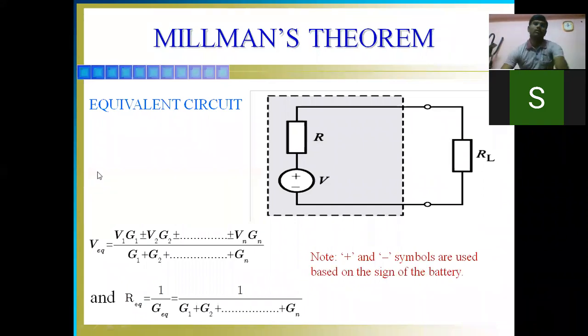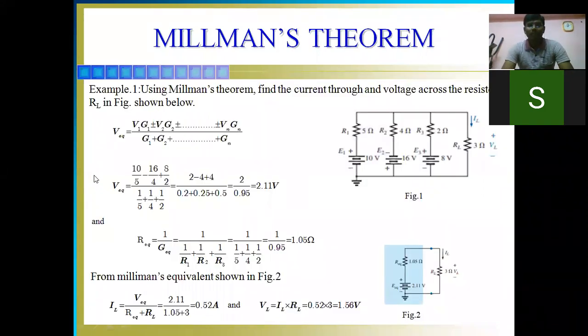Take this example. Using Millman's theorem, find the current through and voltage across the resistor RL in the figure shown below. This is the circuit given, where E1, E2, E3 are three sources connected in parallel with their internal resistances 5, 4, 2.